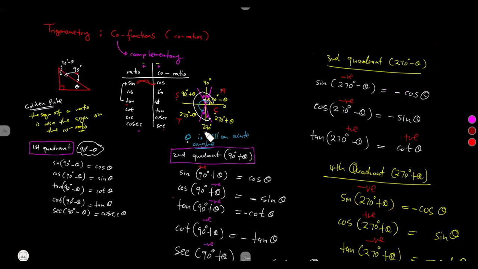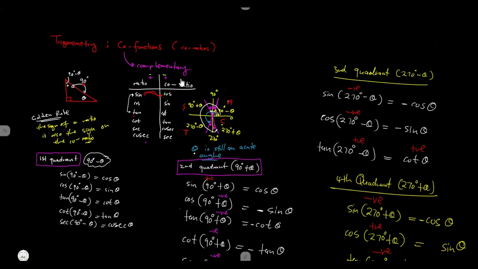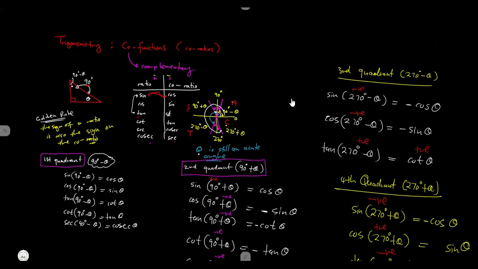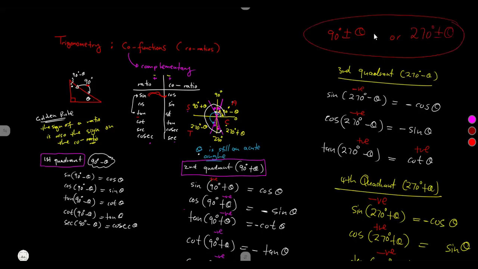That is where the 90 degrees is. In actual sense, these are the ones which can be written in the form of 90 degrees plus or minus theta, or 270 degrees plus or minus theta.